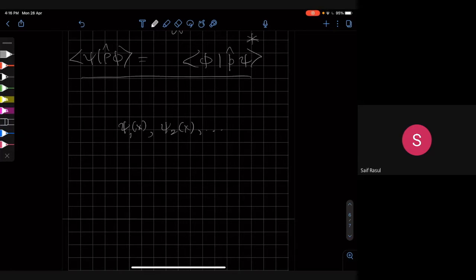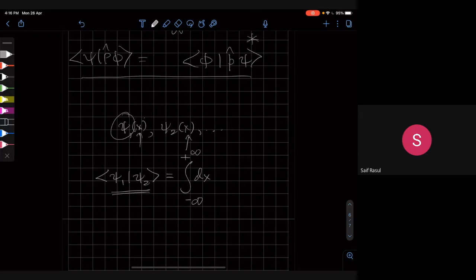Suppose we want an inner product between psi1 and psi2. This x is just a component of this vector psi1, right? So the inner product should be independent of x. How do we make that inner product independent of x? Of course, we integrate over the natural range of x, because x has the interpretation of a spatial coordinate, so it goes from minus infinity to plus infinity.